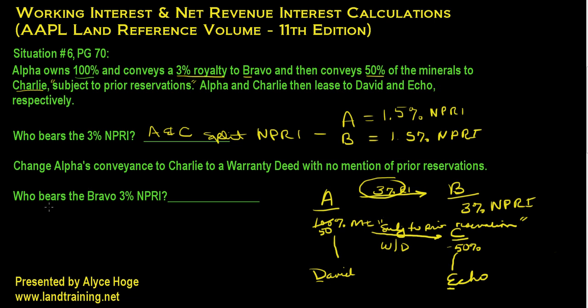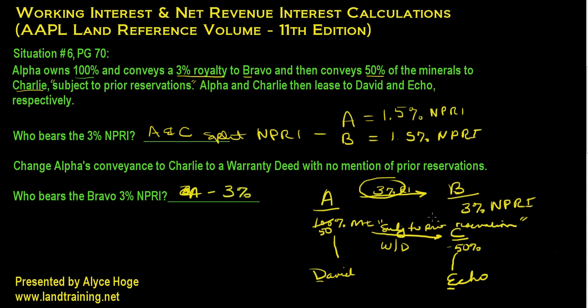The question again is, who bears the Bravo 3% non-participating royalty interest? Well, if he didn't convey to C subject to prior reservations, that means that A alone would bear the burden of the 3% non-participating royalty interest. It's not half anymore. A bears it, the full 3%.